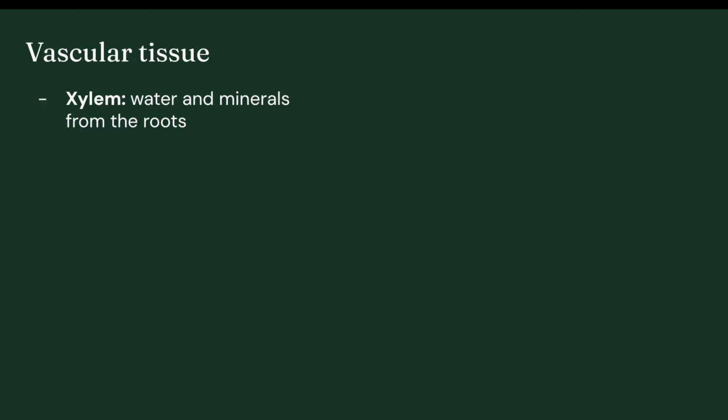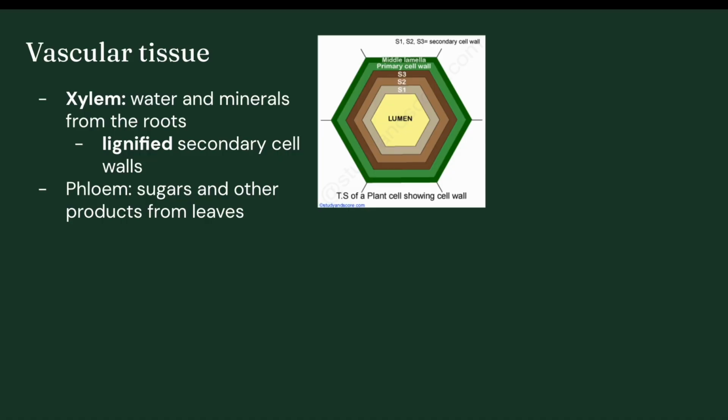And it's comprised of two different types of tissue. One is called xylem, that transports water and minerals up from the roots to the leaves of the plant. Xylem is typically more important and more tested on, I believe, and it provides the structural support of vascular tissue in that these cells are lignified.